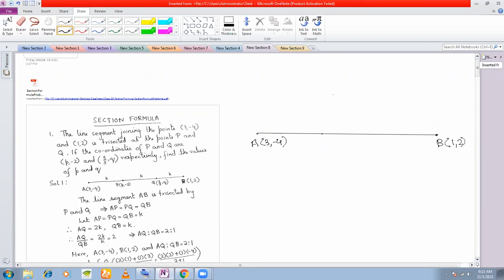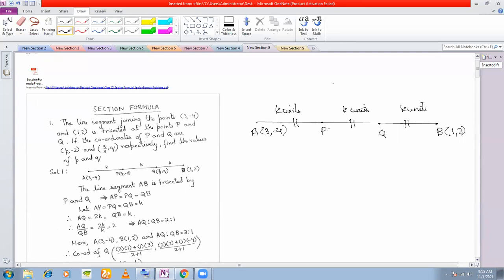Again trisected by the points P and Q. So P, and this is the point Q, and all these are equal, such that K units lie here, K units are here, and K units are here. Okay.